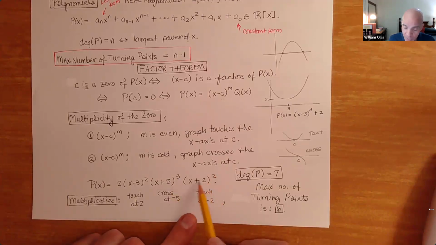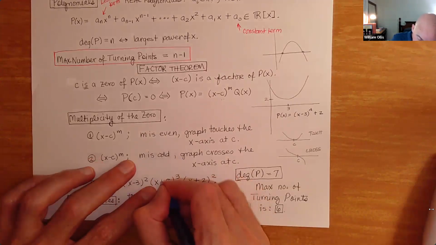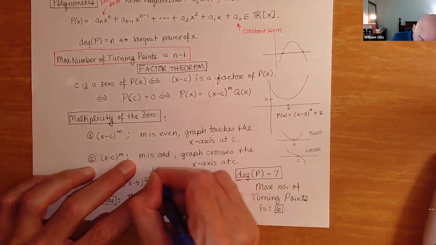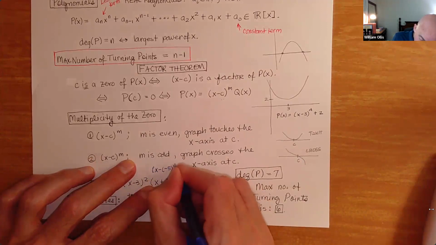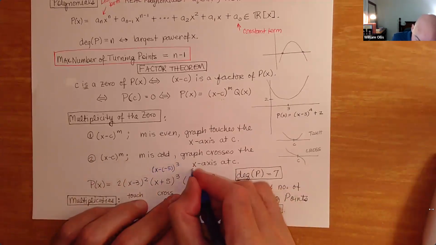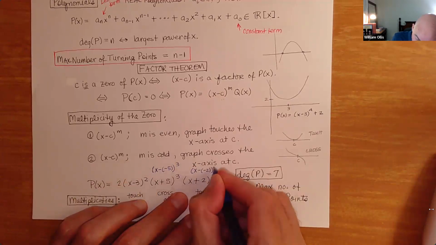And then we see that the zero of -2 has even multiplicity, so it will touch at -2. Now, one thing you might think about is when you've got a plus here, you can think of this factor as x minus a -5, cubed. And for the +2, you can think of x minus a -2, squared.